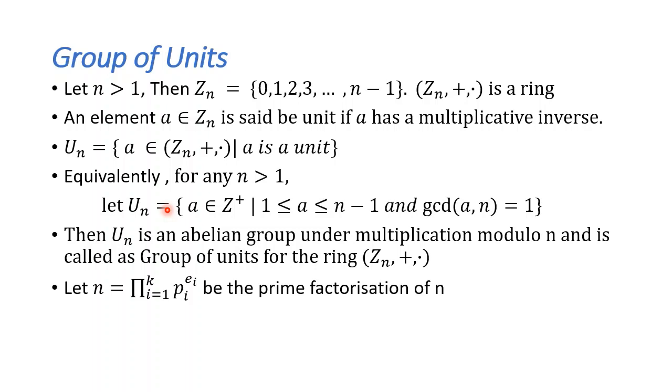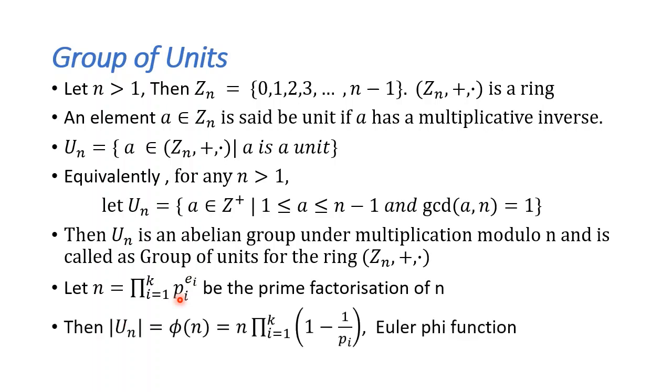You may find how many elements will be in Un by using these formulas. Any integer can be written as a product of prime numbers raised to some powers. So you find the prime factorization of n, where Pi denotes the prime numbers and Ei the corresponding powers of those prime numbers. Then the order of Un is equal to phi of n.